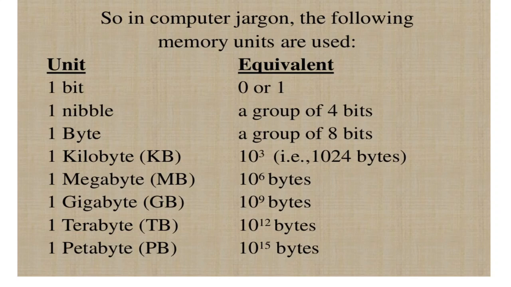For example, 0 or 1 is 2 to the power 0, that is 1 bit, one memory unit. Whereas 2 to the power 2 is a nibble, that is 4 bits, and 2 to the power 3 is 8 bits, and so on. So we are representing it in powers of 2.